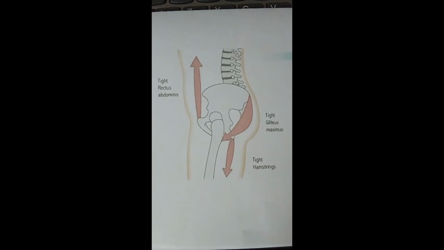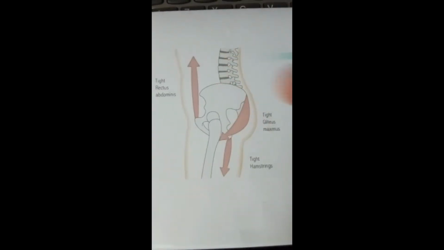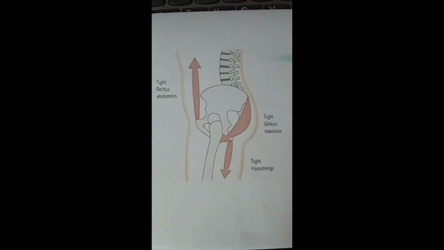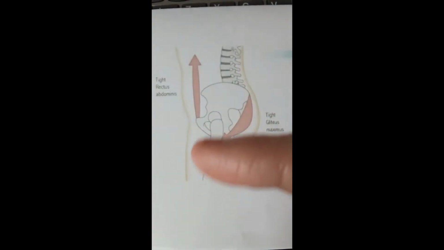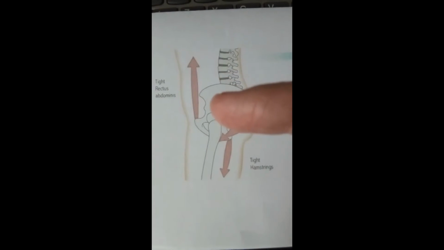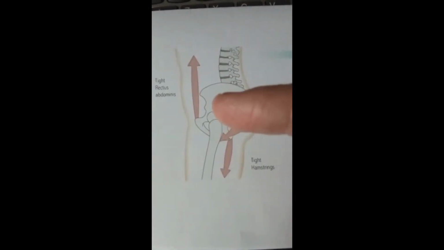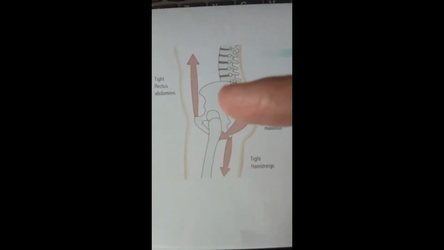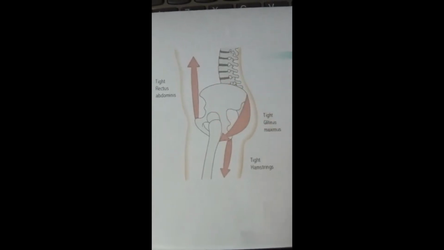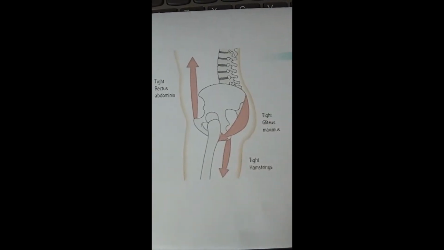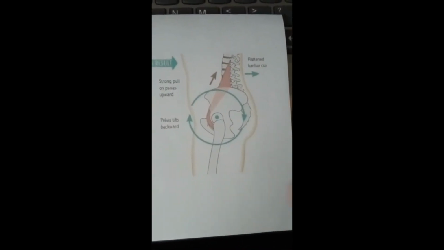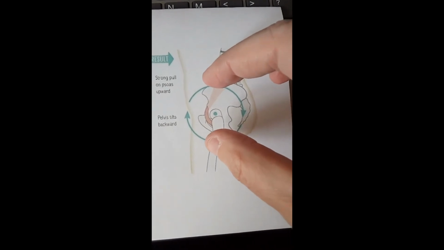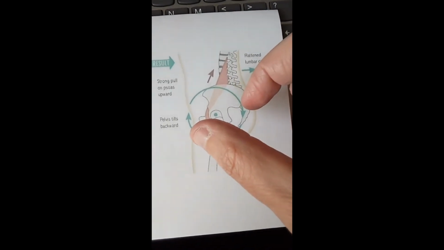And as well as the tight abdominals, in addition to weakness in the quads, you'll also find weakness in the iliopsoas, the hip flexors at the front. They'll also become weak.